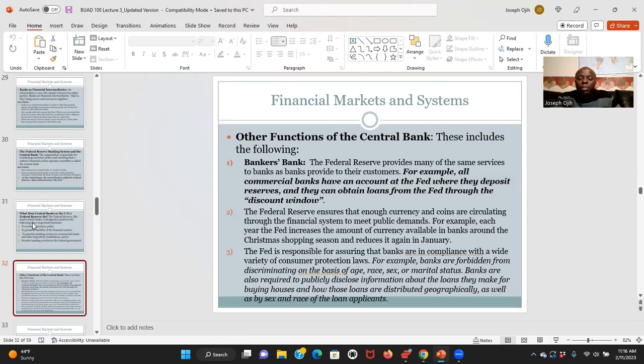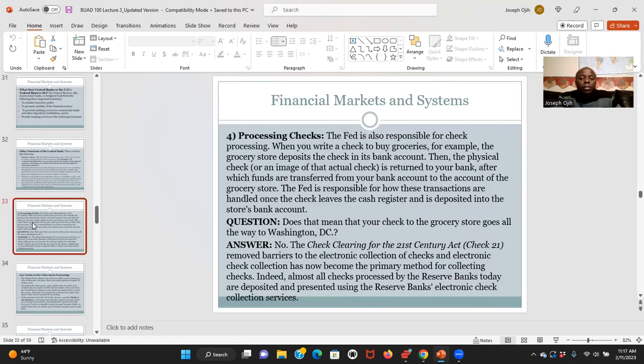For example, banks are forbidden from discriminating on the basis of age, race, gender, and marital status when it comes to making loans. They are also required to publicly disclose information about loans they make for buying houses and how those loans are distributed geographically to make sure that they comply with the applicable laws at the time.